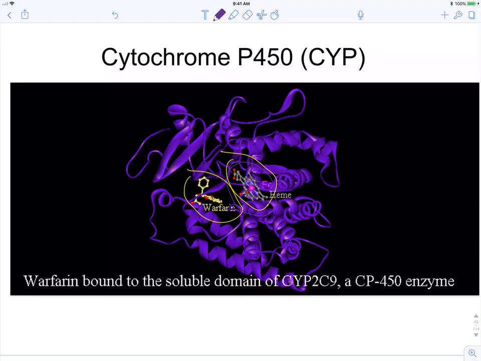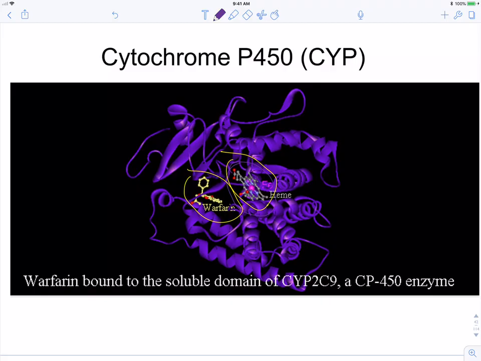These enzymes are found mainly in the liver, but also in small intestine, kidney, lungs, brain, and other tissues. They tend to be associated with the membrane in the ER, the endoplasmic reticulum, and a portion of them containing the active site and the pocket for the substrate recognition is exposed to the cytosol.